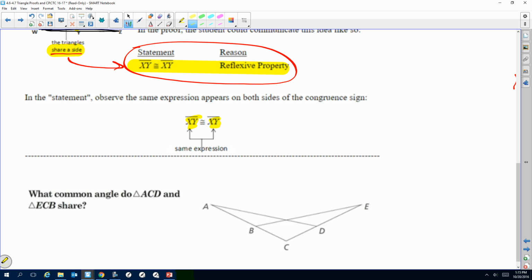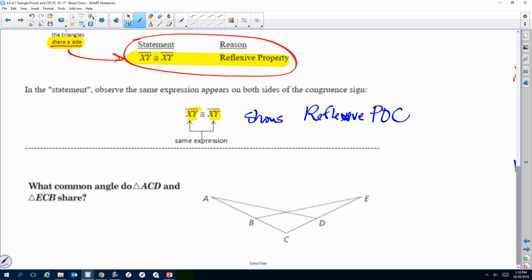Anytime we have the same expression and the congruency sign in between them, this is showing the reflexive property of congruency, POC. So if it's listed out to you showing the same expression, same statement, same segment, same side, then we're going to list the reflexive property of congruency as our justification, as our reason.